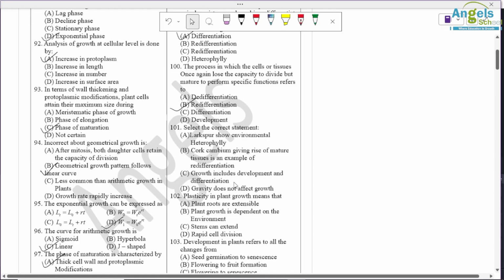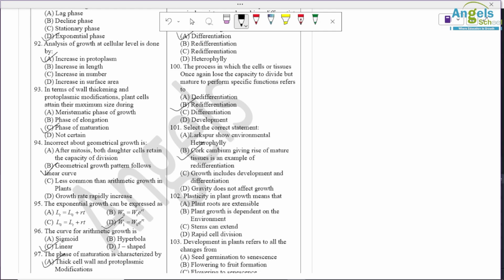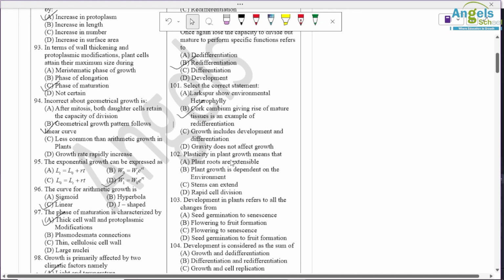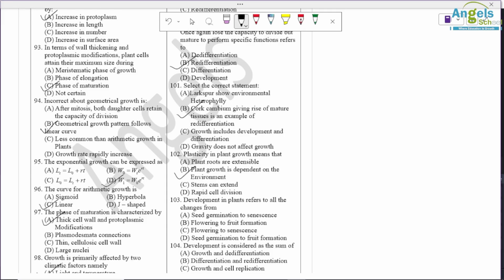So it's a wrong option. Development includes growth and differentiation. Okay, and gravity does not affect the growth, it affects. Okay, so only B answer is correct. B statement is correct. Plasticity in plant growth means that plant growth is dependent on environmental conditions as well as phases of growth. So here B is the correct option.